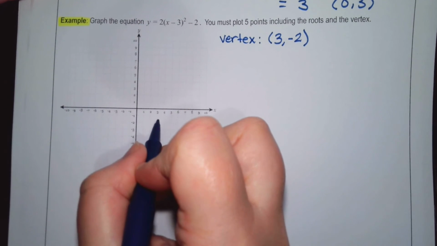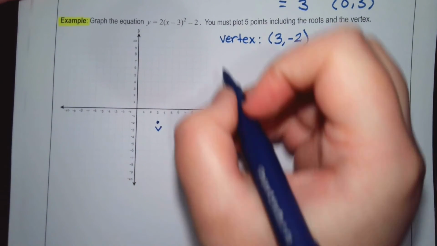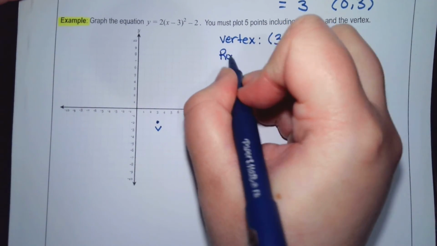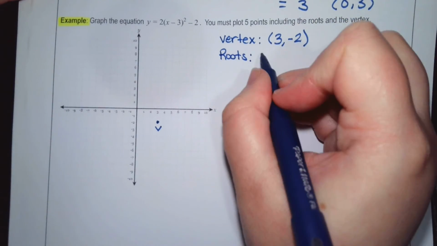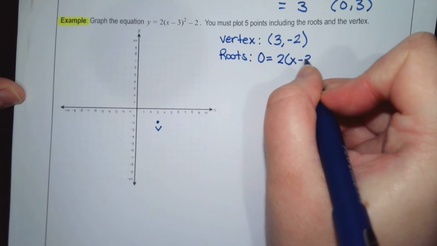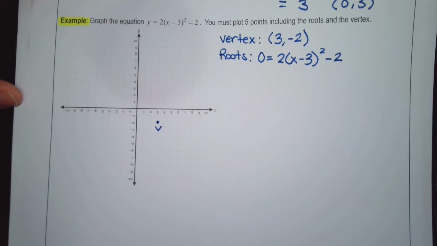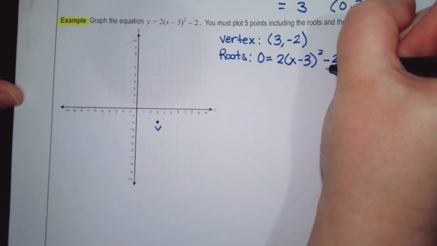So this is (3, -2). That's my vertex. Now for the roots, plug 0 into y. So 2 times (x minus 3) squared minus 2. Now we need to solve for x.